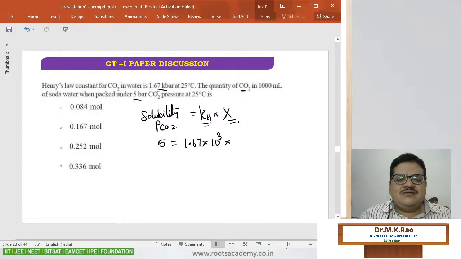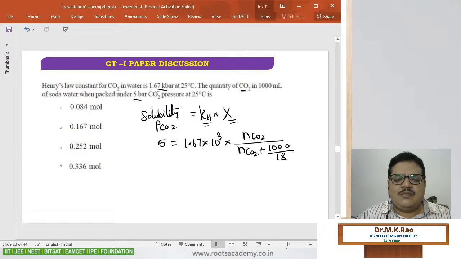Mole fraction of carbon dioxide means number of moles of carbon dioxide by number of moles of CO2 plus 1000 by 18, the molar mass of water. So if you simplify, this can be neglected. You want only this one.